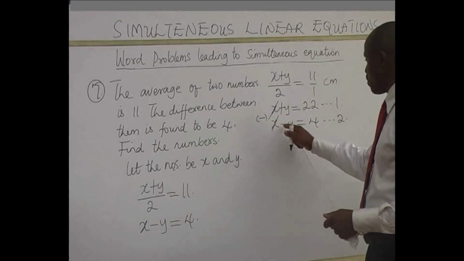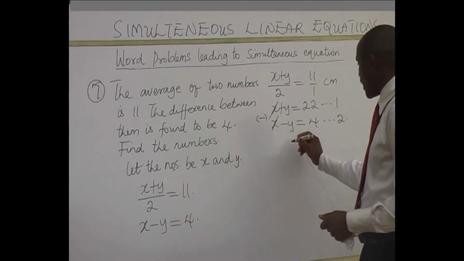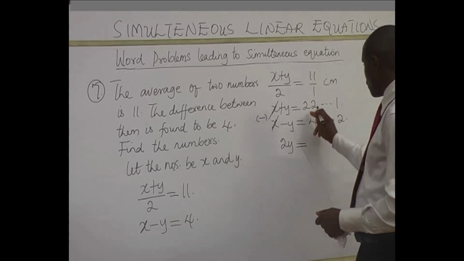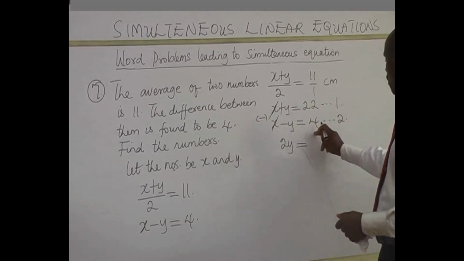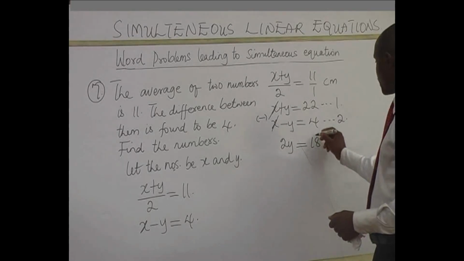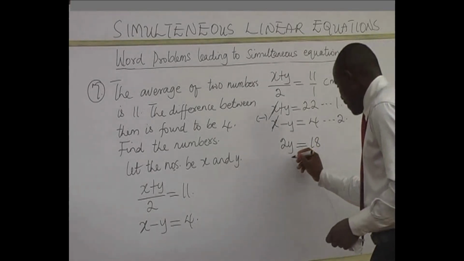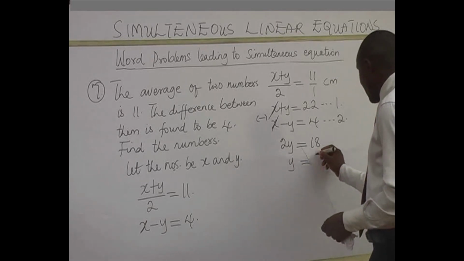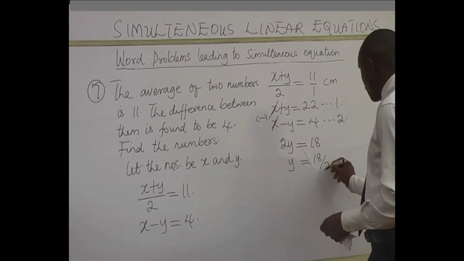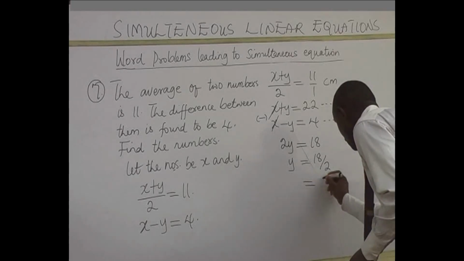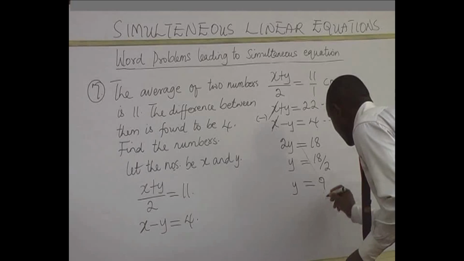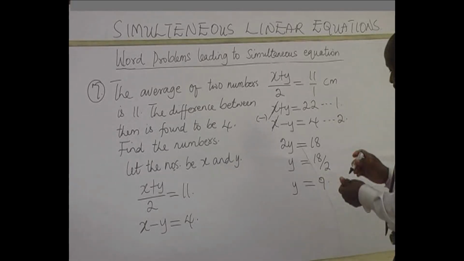Y minus minus y will give you y plus y, which will give you 2y. Is equal to 22 minus 4 is going to give you 18. Divide both sides by 2. You'll be left with y only in the left hand side, and in the right hand side you have 18 divided by 2. And 18 divided by 2 will give you 9. That means your y is 9.